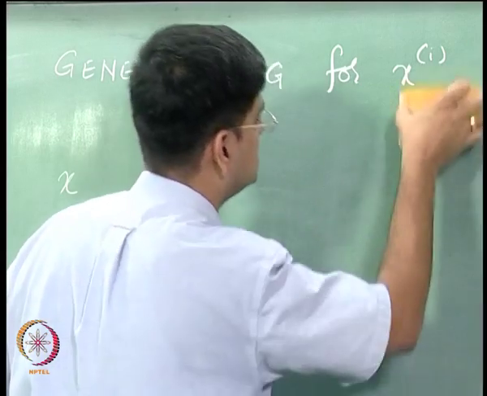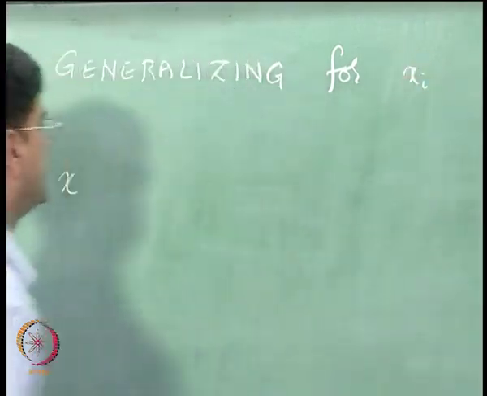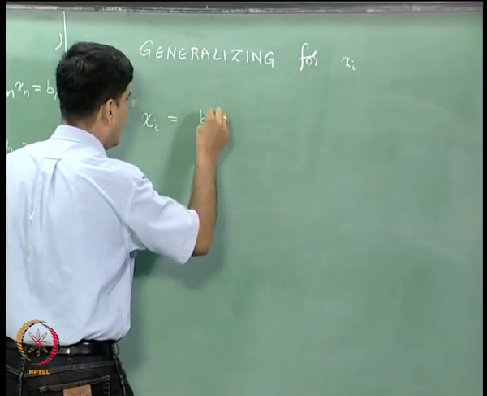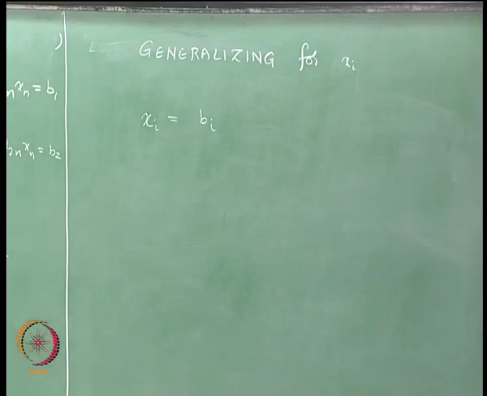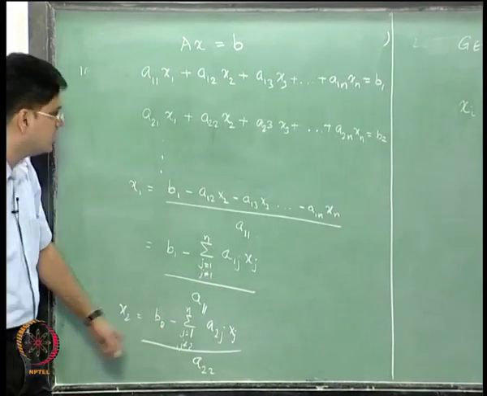Generalizing, xi is going to be written as bi. Keep in mind we are following the same pattern. When we go from x1 to x2 to x3, we change from b1 to b2 to b3 and so on.